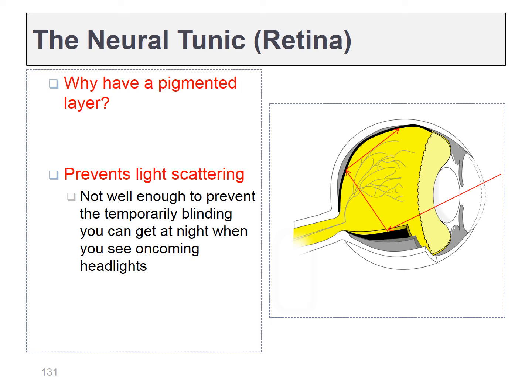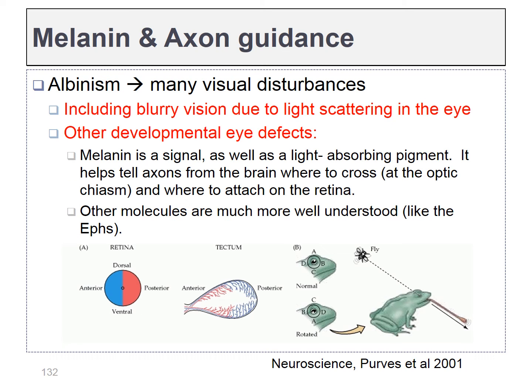For people with albinism who can't produce enough melanin, that's a problem not just when they are driving at night, but all of the time. It can lead to difficulties in vision. Melanin serves other important functions, though, and people with albinism can have other visual problems, ones that couldn't be fixed by simply injecting melanin where it should be back there in the pigmented layer.